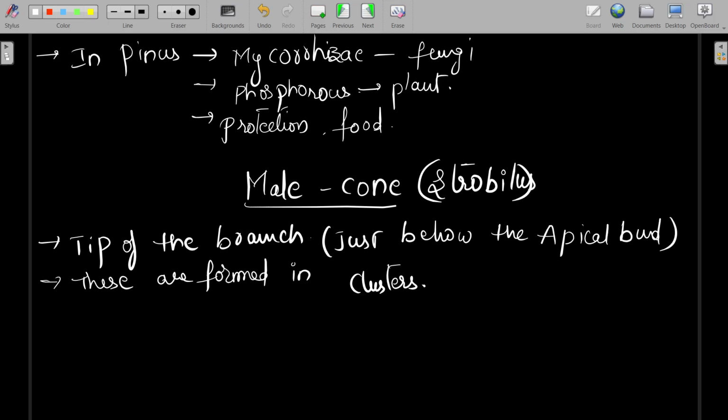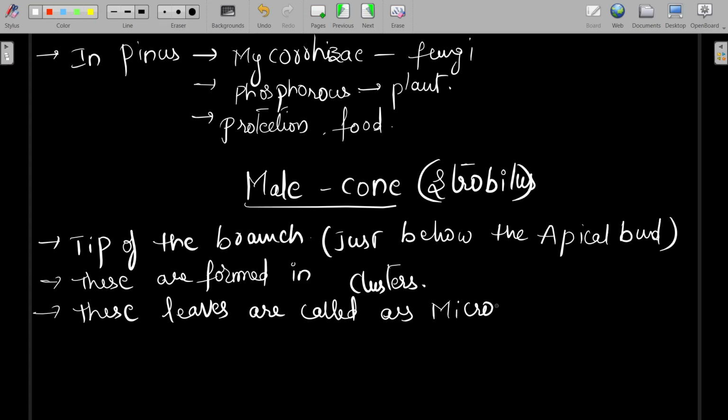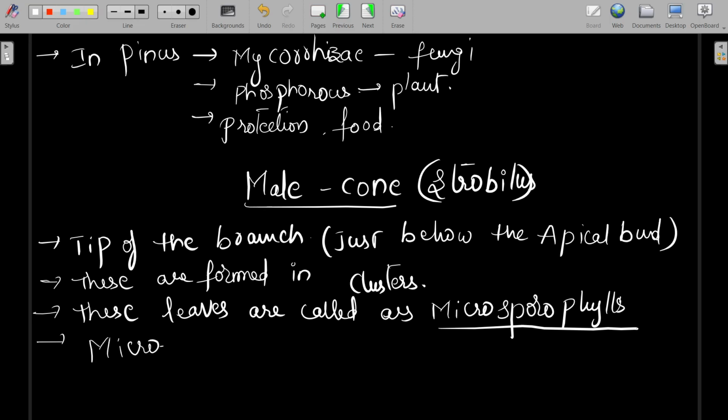So the male cone is formed of a cluster of leaves. These leaves are called microsporophylls, and these microsporophylls produce microspores.